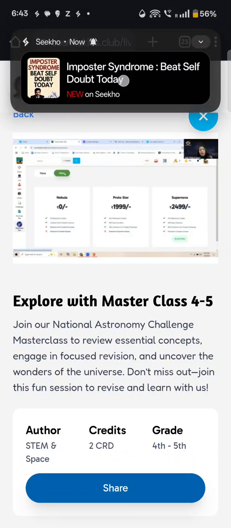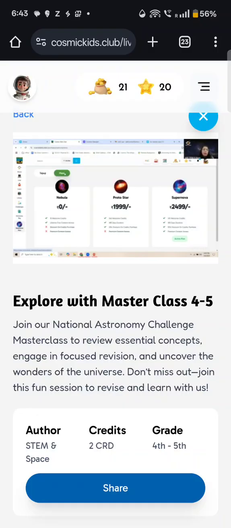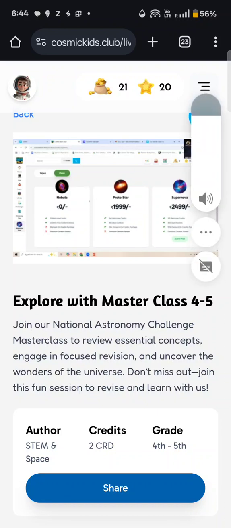For example, if you have a Nebula plan or a Protostar plan, you can upgrade to Supernova. There you will get approximately 315 credits, which can help you buy most of the things. Otherwise, you can go for Protostar, which is around 240 credits, and free is 15. Anyway, you'll have to buy some credits if you don't already have them, to get the books.